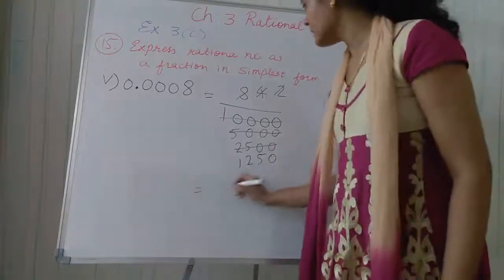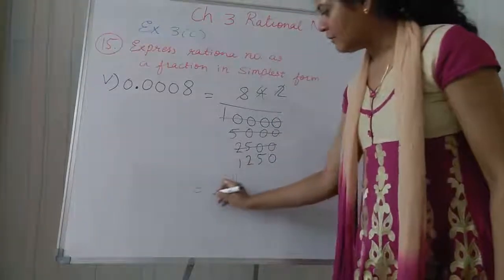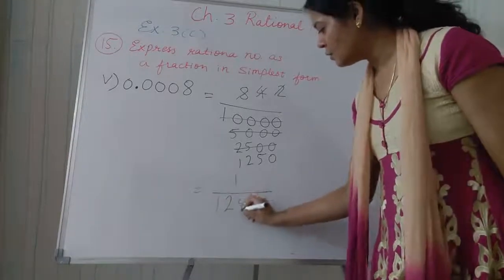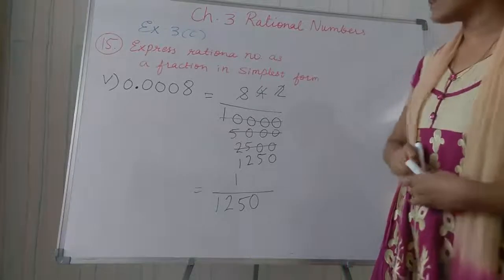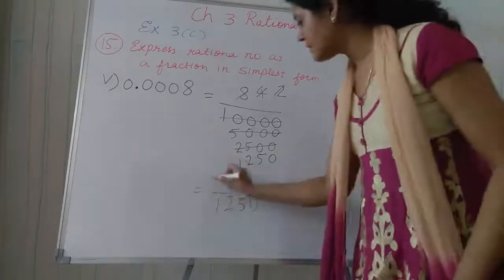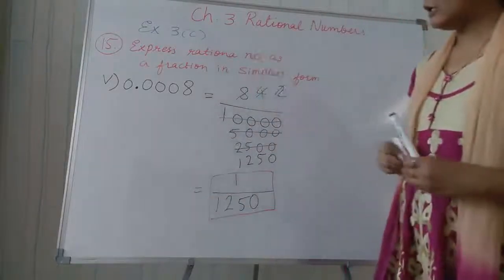The final answer is upside, nothing left, everything cut. So only 1, and in the denominator 1250. This is left with us after cutting the values. So here this is the last answer of our question number 15, 5th.